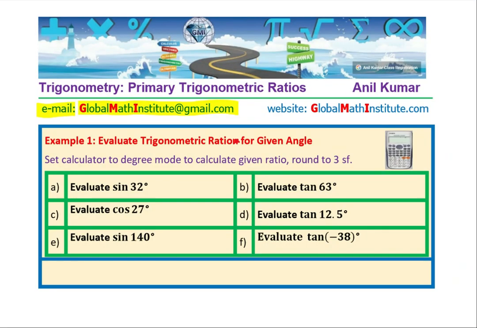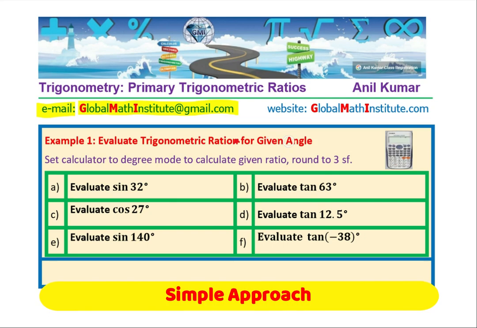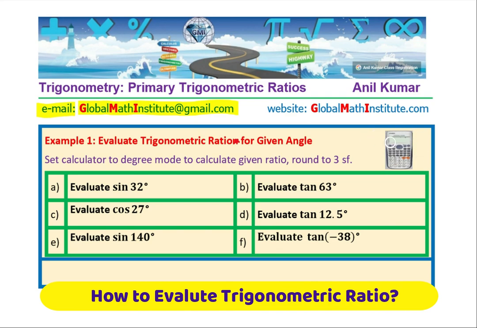Now let's begin with the very first thing, and that is, how do we really evaluate a trigonometric ratio for a given angle? So here are 6 examples for you. I'd like you to pick up a calculator which has sine, cosine and tangent on it.